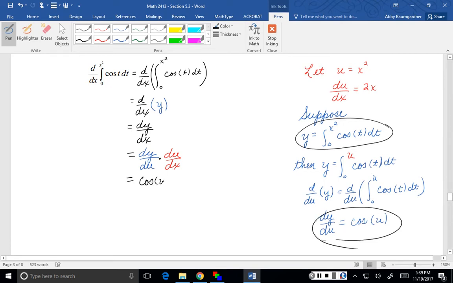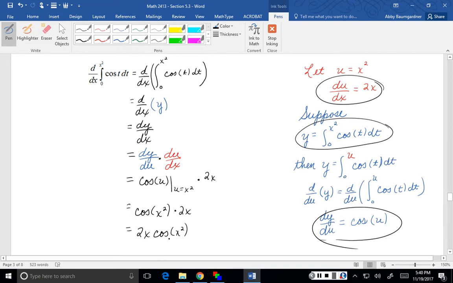It's cosine of u. We're going to back substitute what u is, times du dx. So u was x squared, and we're going to multiply it by 2x. Okay, so here is the correct answer.